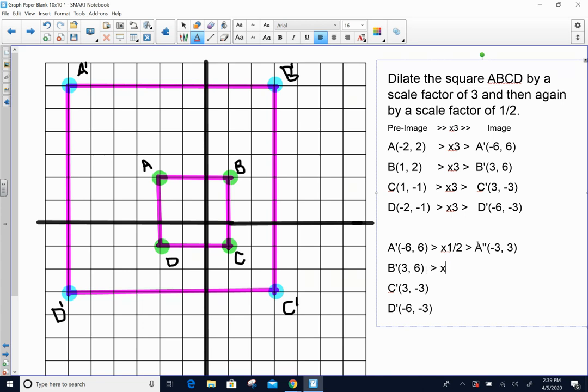All right, we're going to do the same thing for B. So I'm going to multiply by 1/2. I've got B double prime. Now 3 times 1/2, that's a little bit trickier, okay? Because if you split 3 into two groups, you're not going to get whole numbers because you can't have one group with 1 and another group with 1. That's only 2. But if you put 2 in both groups, then that doesn't work either. So if you've got a calculator, you can go ahead and type that in. But 3 times 1/2 is going to give you 1.5.